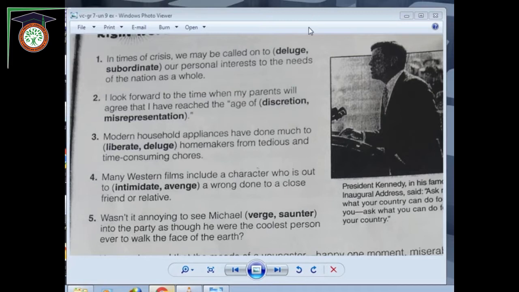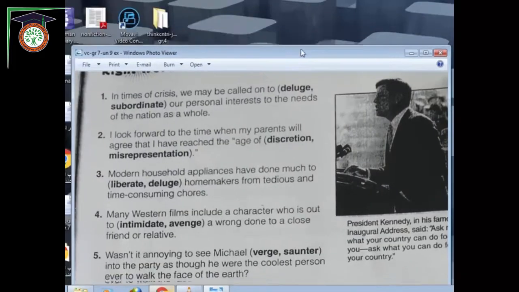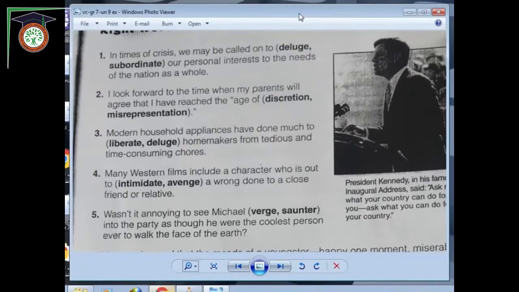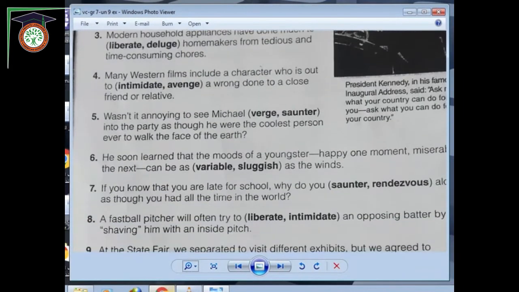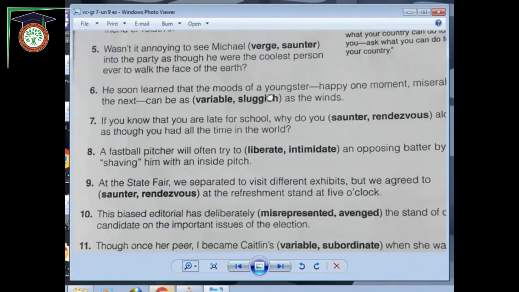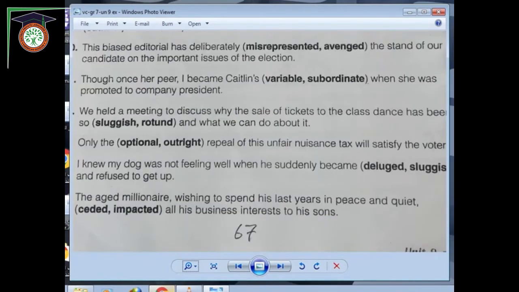Alright? So let's start. This vocab exercise, as you know, is in your vocab booklet, vocab part, page 67 and 68.